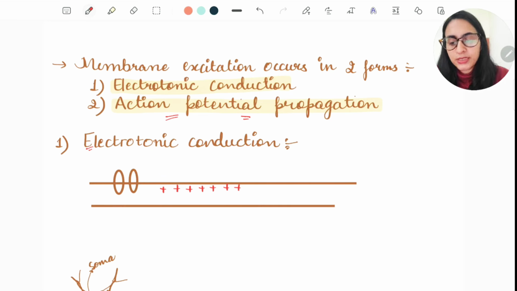Now what happens? There is a direct and positive charge spread from the point of entry. So there is sodium that is coming inside the cell. Now what happens? There are also the charges that leak because of the membrane capacitance.